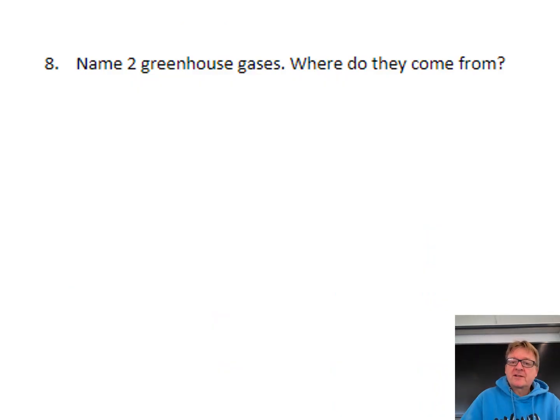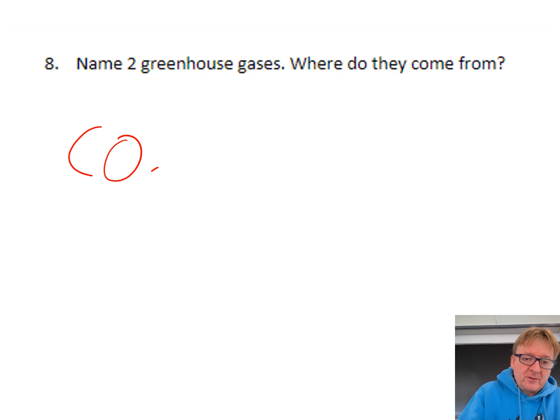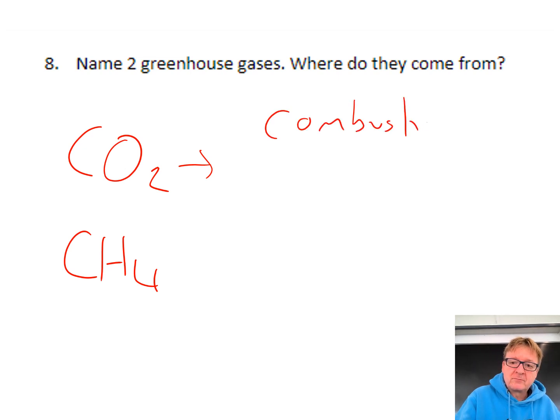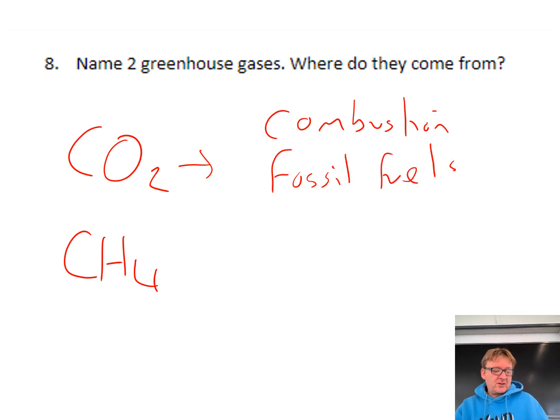Name 2 greenhouse gases and where do they come from? So we'll go CO2 and CH4. Where do they come from? Combustion, particularly of fossil fuels. It's also in things like cars, all sorts of carbon dioxide is produced.